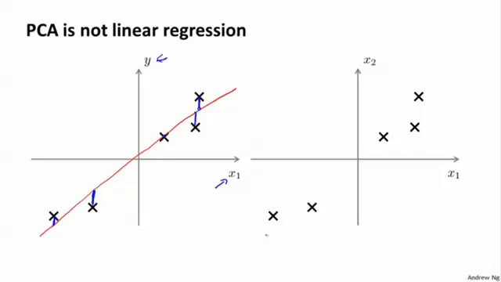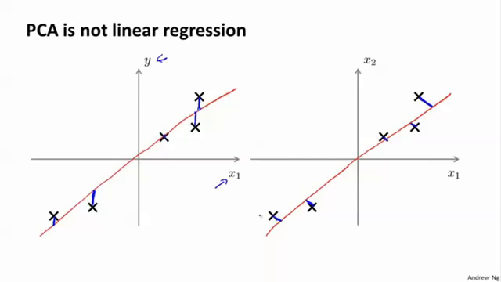In contrast, PCA tries to minimize the magnitude of these blue lines, which are drawn at an angle. These are the shortest orthogonal distances, the shortest distance between the point x and this red line. And this gives very different effects depending on the data set.